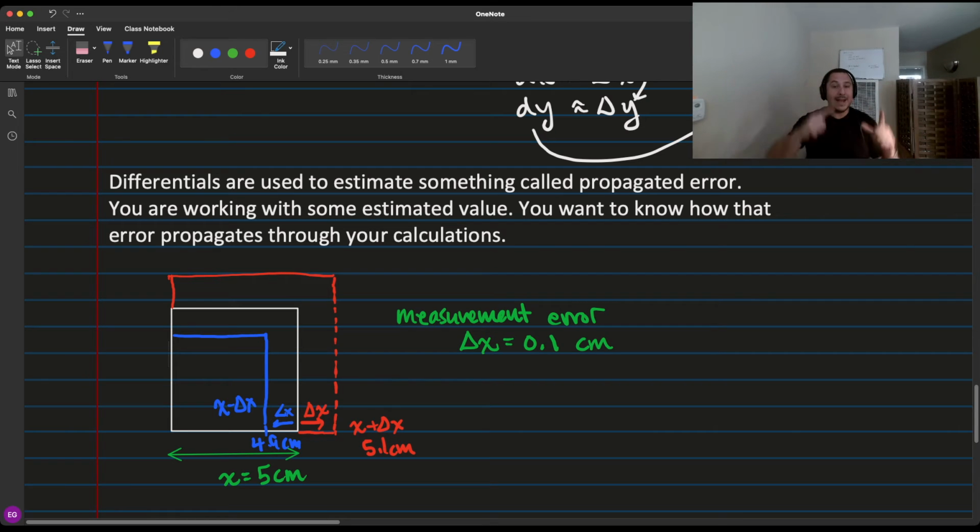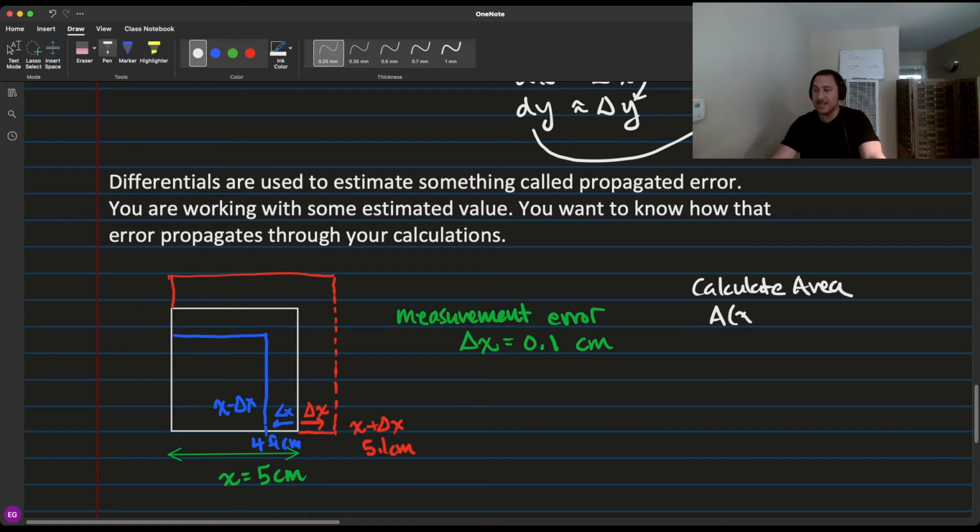So you measured a side, and let's say that you were measuring the side to calculate the area. If you're calculating the area, you're going to take your side and you're going to square it. Does everyone agree with that?